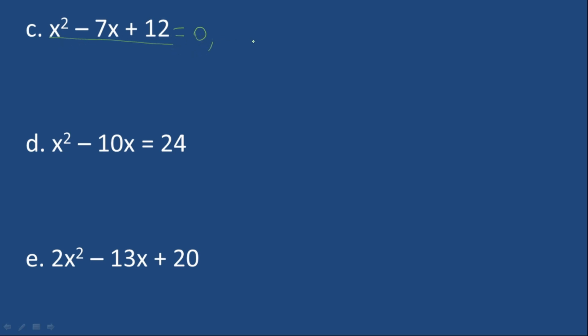From this, there is a rule which says: if ax square plus bx plus c is equal to 0, find two numbers, let's say m and n, such that m plus n is equal to b, and m times n is equal to c, if a is only 1.